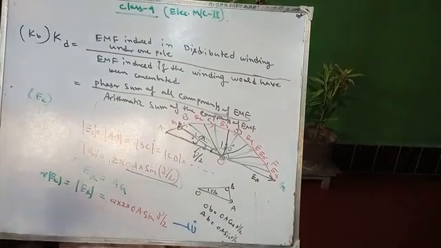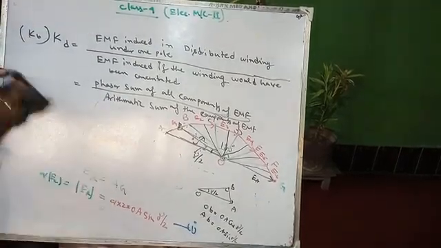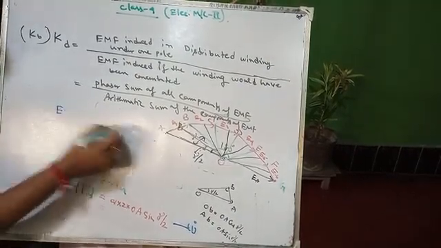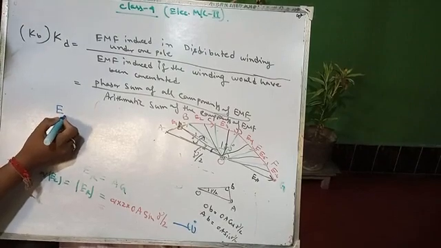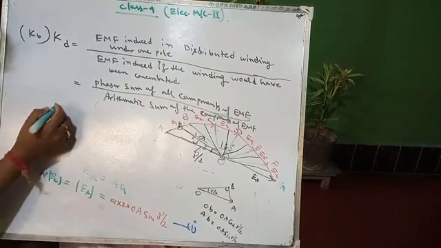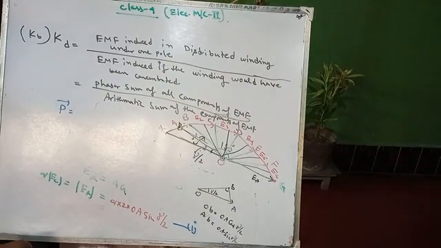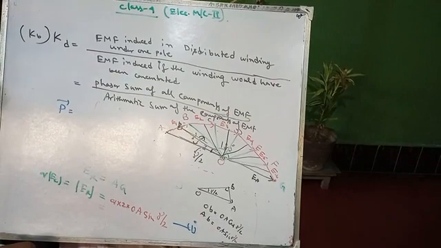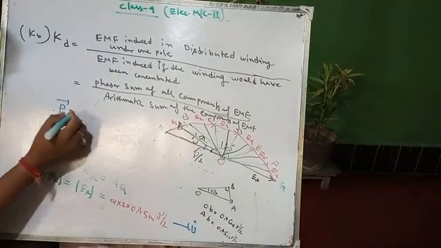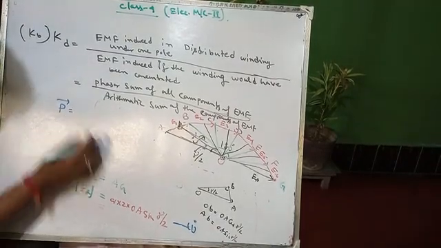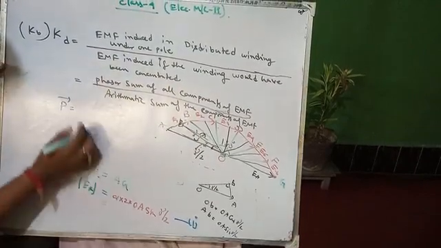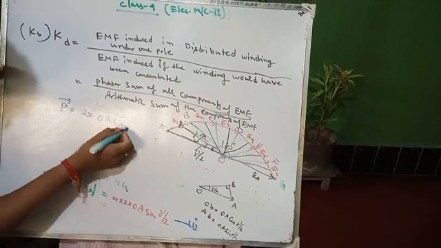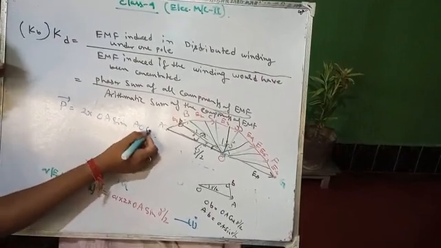Now you have to find the resultant, the vector sum of all components, that will be equal to the p vector. So what is the p vector here? p vector equals 2 into OA sine AOG by 2.